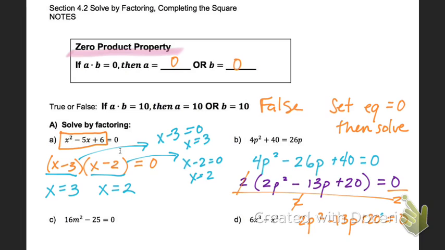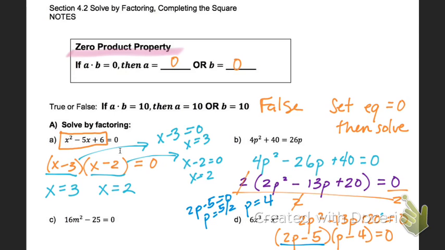So try factoring that. How would I factor this? It would be 2p minus 5, p minus 4 equals 0. When I set each parenthesis equal to 0, if I say 2p minus 5 equals 0, p equals 5 over 2, and then p equals 4.